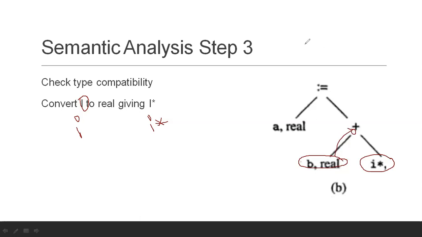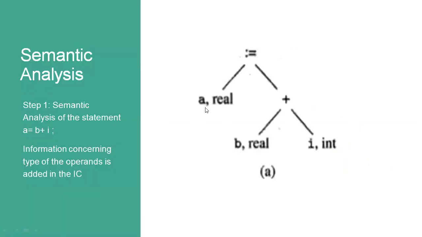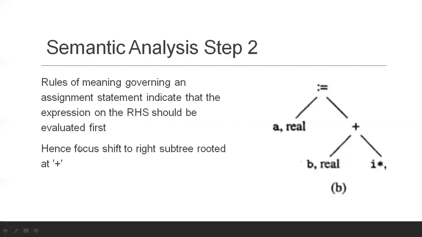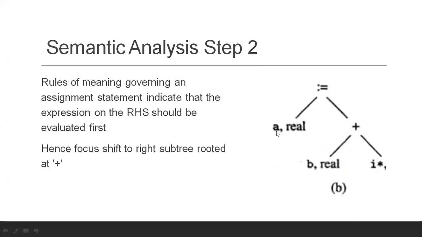Now don't confuse. Step 1 is just putting the type of every identifier. Step 2, focus shifts to the RHS. Step 3, check type compatibility and then convert. In step 2 this conversion is not going to happen.